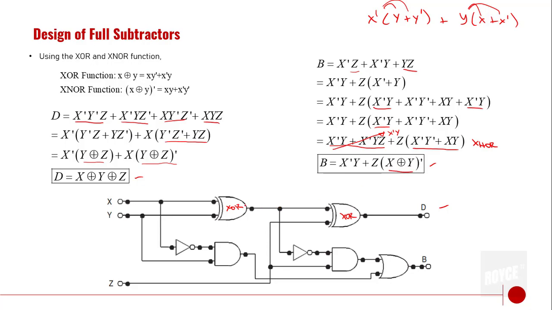Ayan siya, ito. Then ninat lang. So nandito na siya. And then naka-AND daw siya sa z. So ito, naka-AND sa z. Ito na yung second term ng ating function B. Ito naman, x prime y. Ayan siya, x prime y. And then naka-OR siya sa itong term na to.